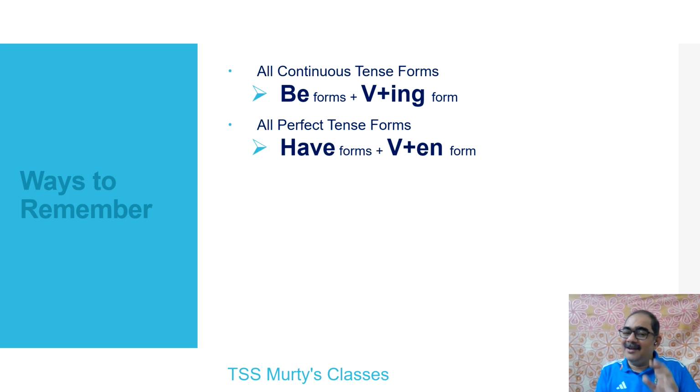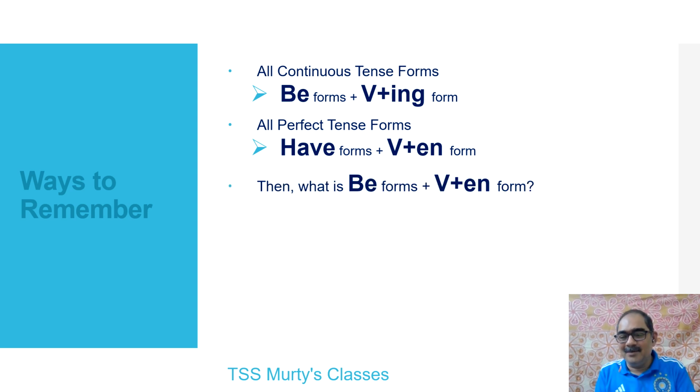Well, if you understood these two, I have a question here. What is be form plus verb en form in such a case? This be form plus verb en form is what I'm taking here. What could this be?